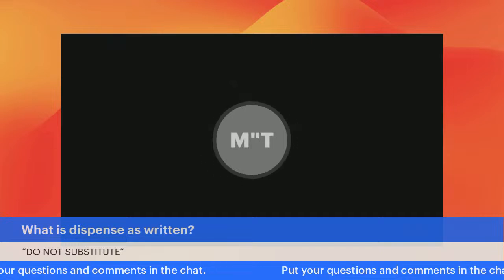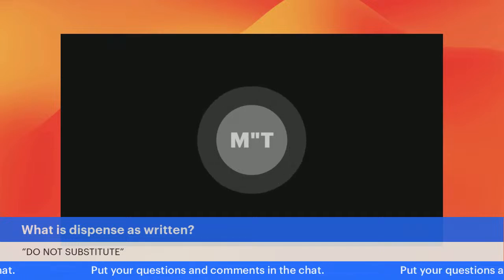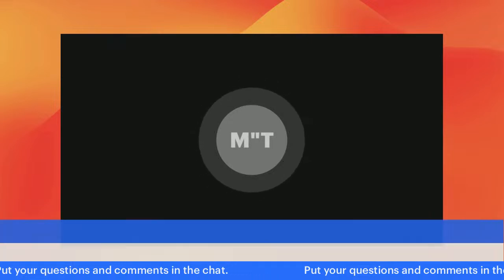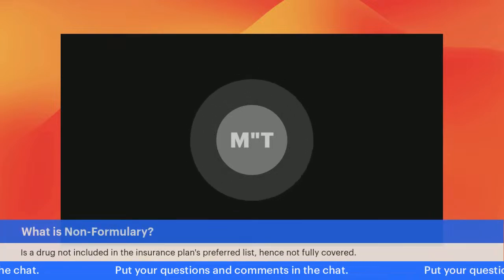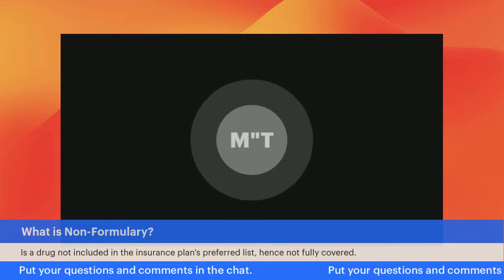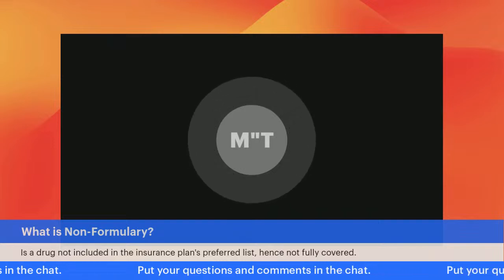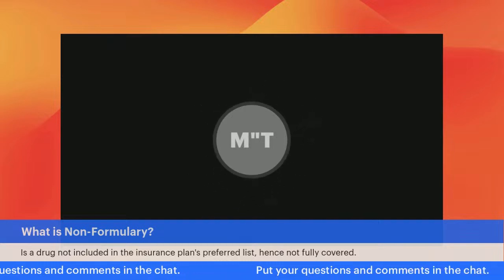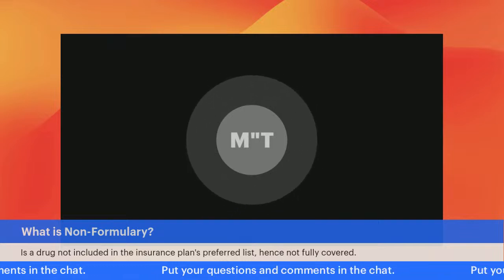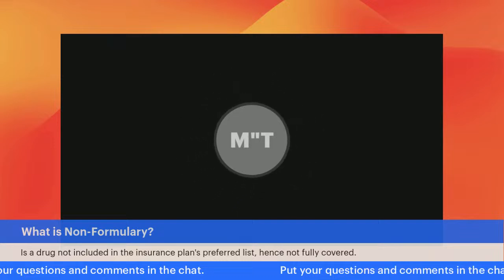Okay? Stay with me. Now, what does non-formulary mean? Because we have 2 parts. Formulary means that it's covered by your insurance carrier. Non-formulary is a drug that's not included in your insurance plan's preferred list of medications.